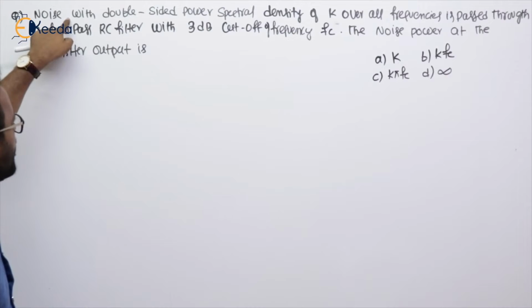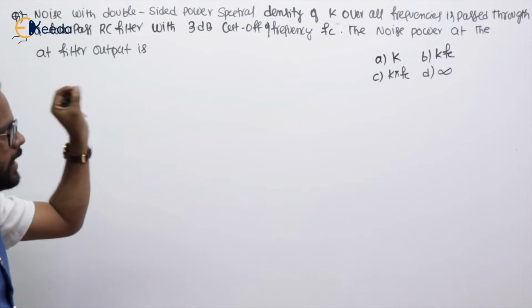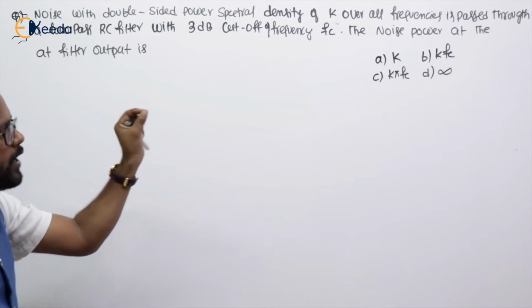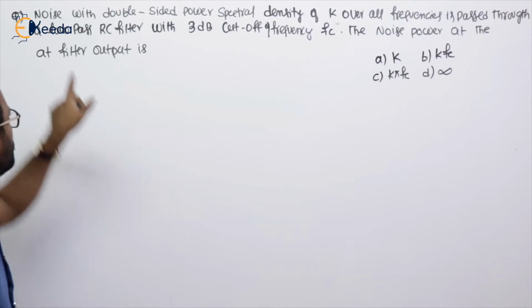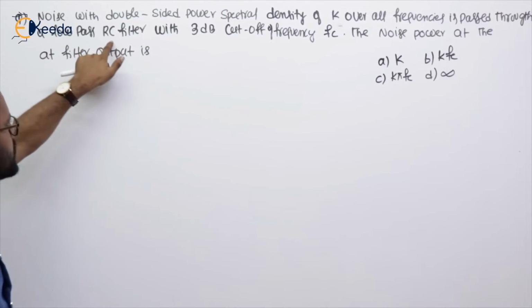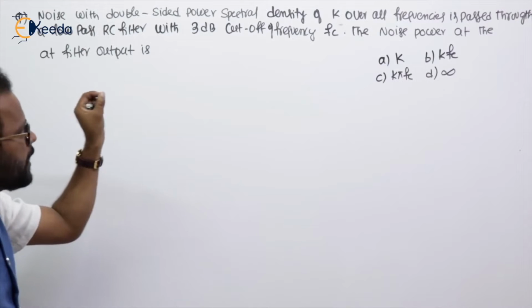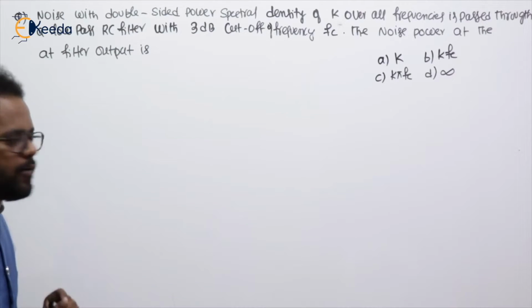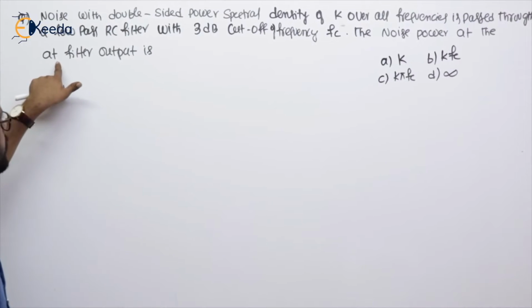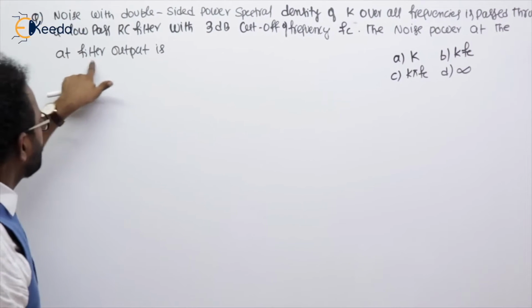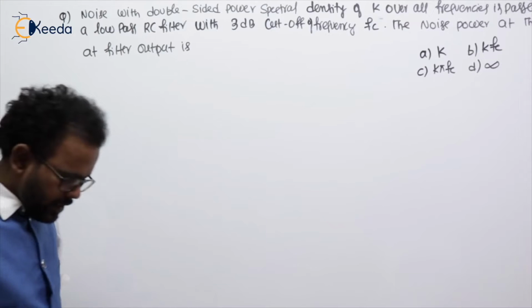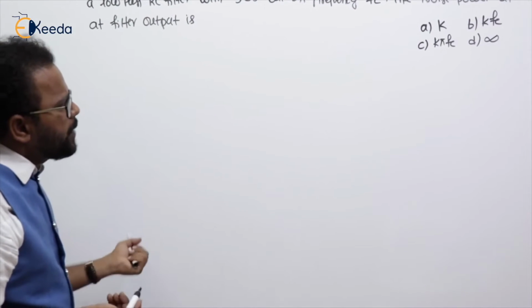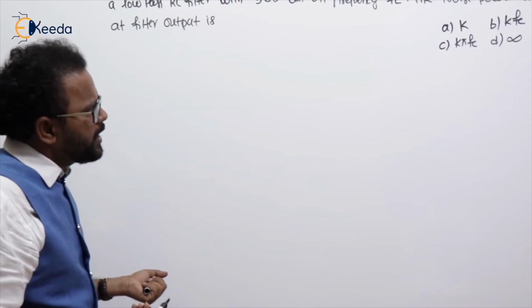Noise with double-sided power spectral density K over all frequencies is passed through a low-pass RC filter with 3 dB cutoff frequency FC. The noise power at the filter output is, and he has given some options: K, K FC, K pi FC, infinity.